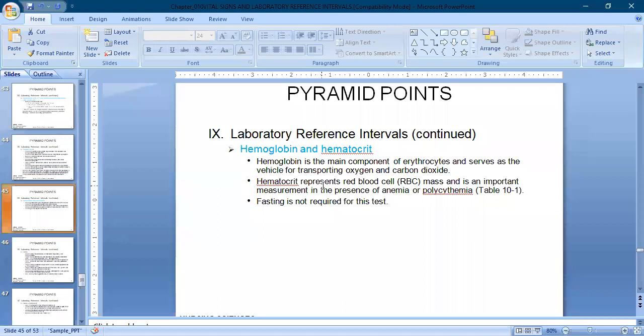Hematocrit represents red blood cell mass and is an important measurement of the presence of anemia or polycythemia. So if the red blood cells go down and hemoglobin goes down, we say anemia. If the red blood cells are more than normal, we call it polycythemia.